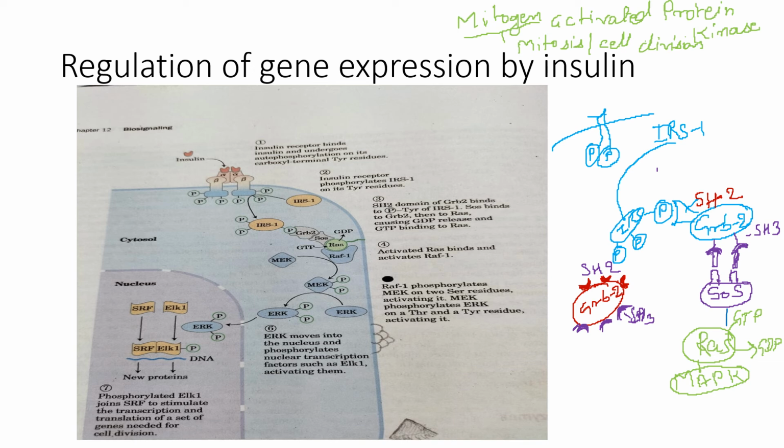Such a molecule is an outside molecule, from outside of the cell, that binds to the receptor and activates transcription. That is a mitogen. Mitogens are signals that act from outside of the cell to induce mitosis or cell division.